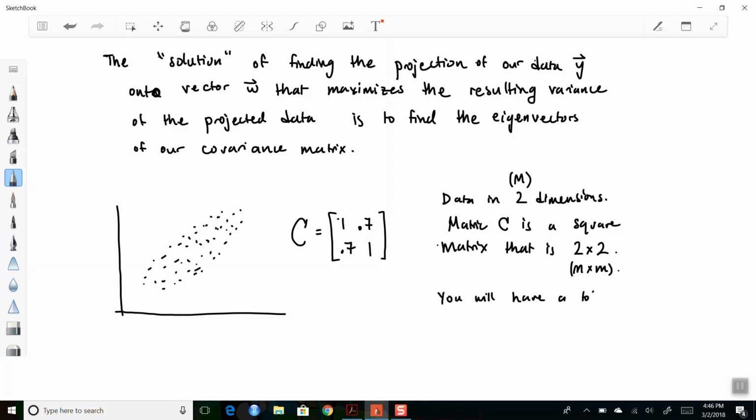You have a total of m eigenvectors, okay? But the first eigenvector will be the projection with the most variance.